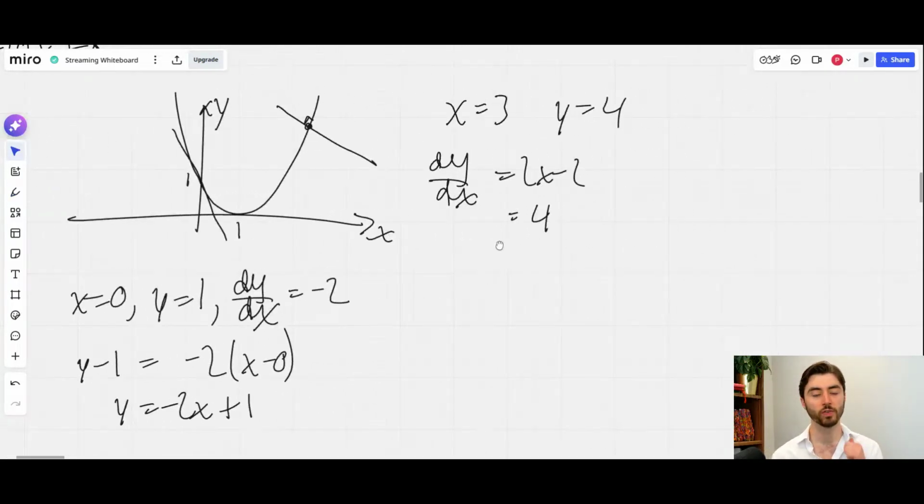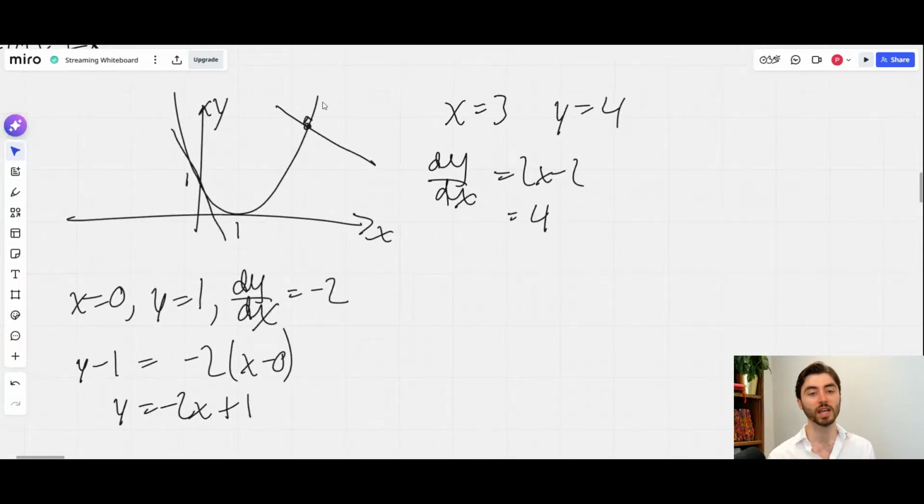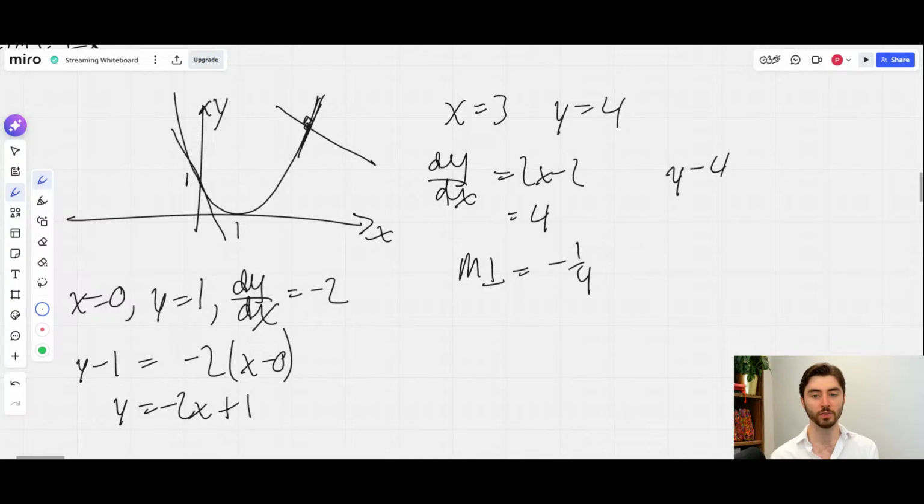But remember, the differentiation tells us the gradient of the tangent at that point. So the gradient of the tangent is 4. So therefore, the perpendicular gradient must be minus a quarter. And therefore, we have y minus 4 is minus a quarter x minus 3.